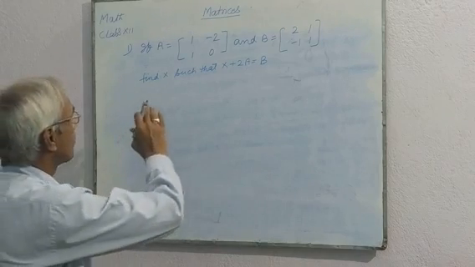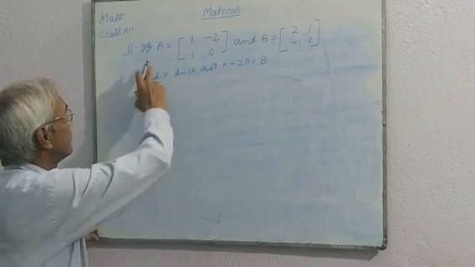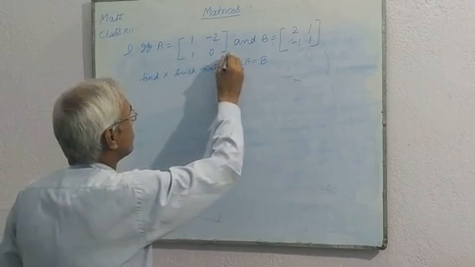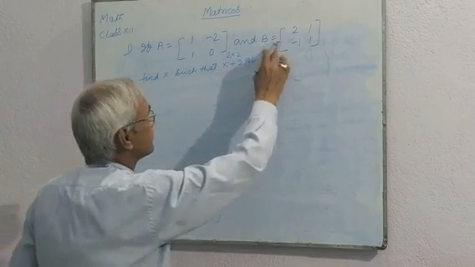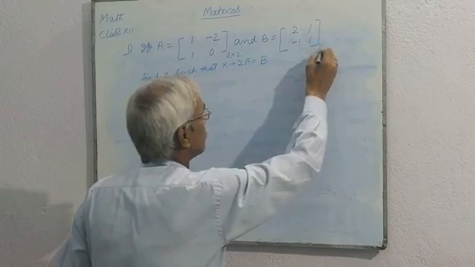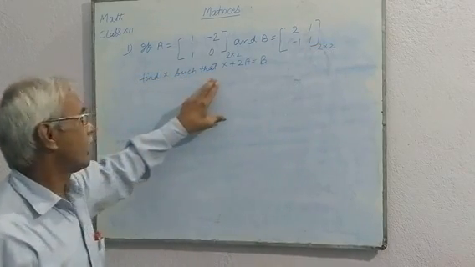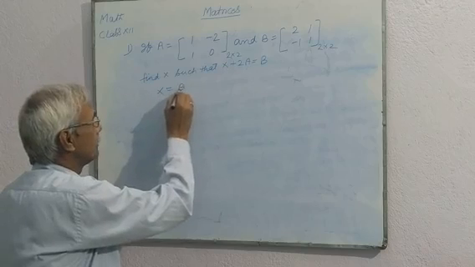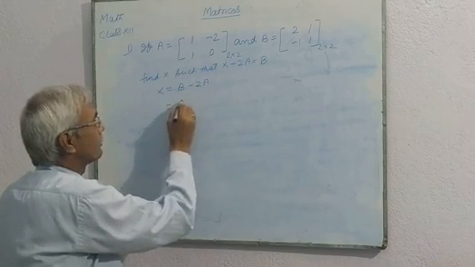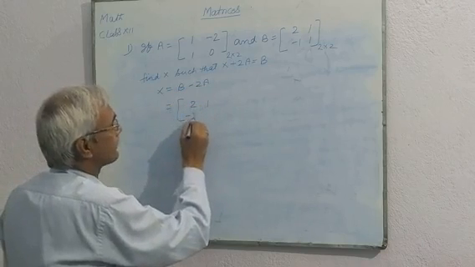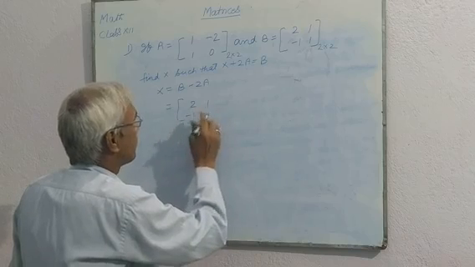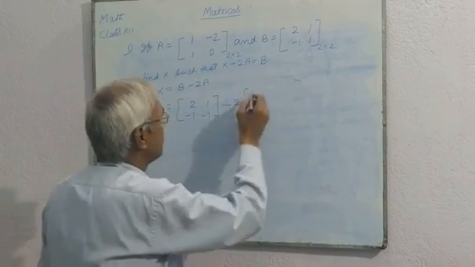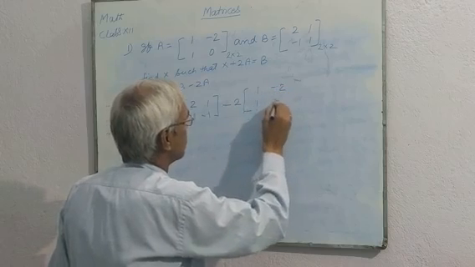Now we solve some exercises. If A matrix is 1, -2, 1, 0, a 2 into 2 matrix, and B is 2, 1, -1, 1, a 2 into 2 matrix, find X such that X plus 2A equals B. X equals B minus 2A, which equals 2, 1, -1, 1 minus 2 times 1, -2, 1, 0.